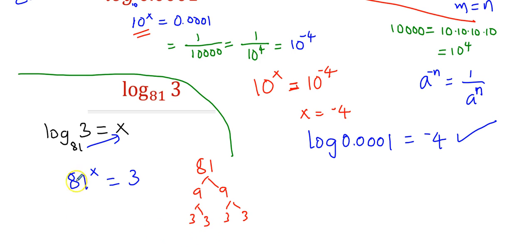That is, 81 can be written as 3 to the power of 4. 81 is 3 to the power of 4, and on the top the exponent is x. So 3 to the power of 4, whole to the power of x, is equal to 3.